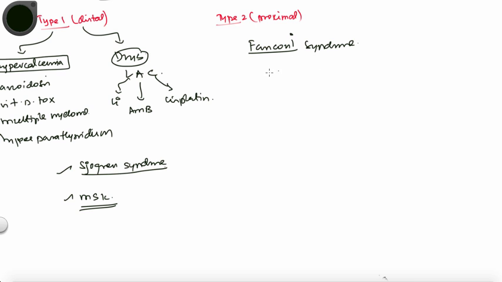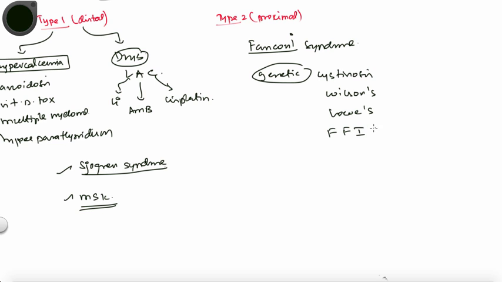For example, the genetic causes like cystinosis, Wilson's disease, Lowe syndrome, and hereditary fructose intolerance, or HFI. All those are genetic causes of Fanconi syndrome.